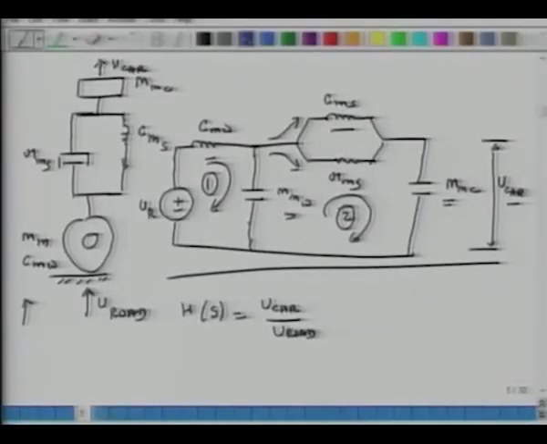What are those breakpoints going to be? Today we will just talk about those breakpoints, and in a later class we will develop an exact Bode plot without solving the whole equation. So my first breakpoint is going to be related to this part, CMS and a mechanical resistance in parallel.